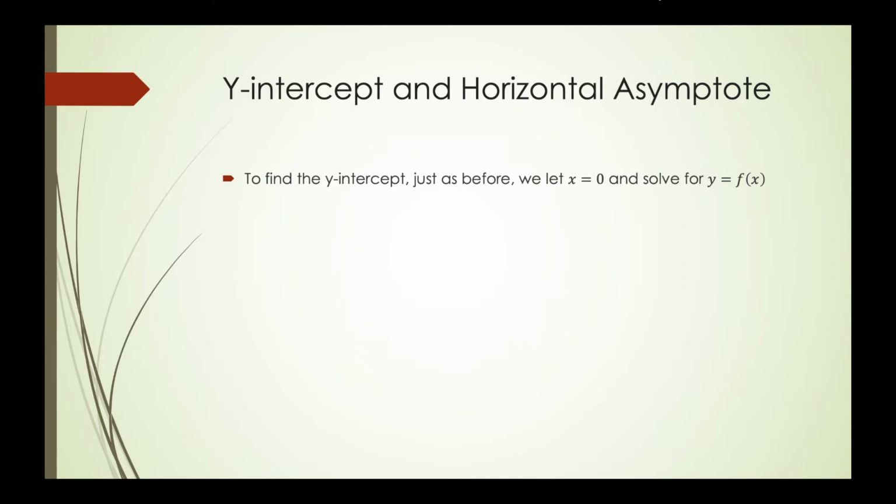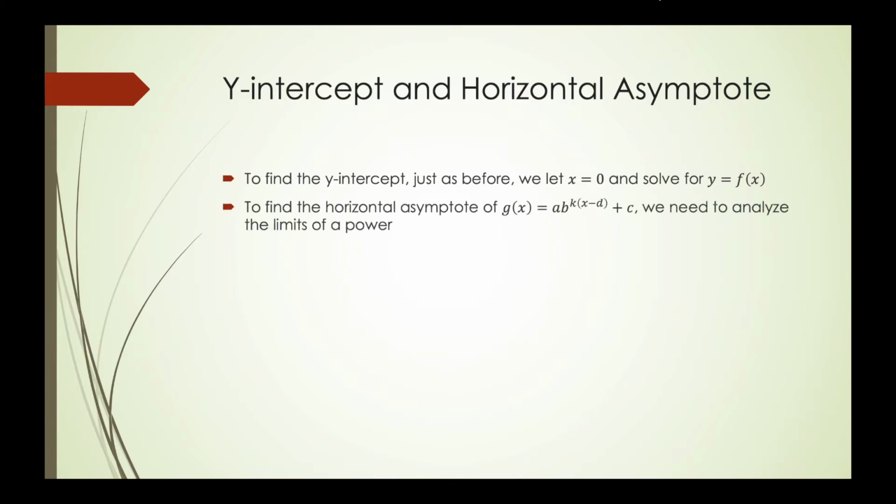To find the horizontal asymptote, this is the one that's a little bit more tricky. We have to really analyze what happens in general with exponential functions. So we already learned that b to the power of x will always be greater than 0 when b is greater than 0. And this is always going to be the case in exponential functions.